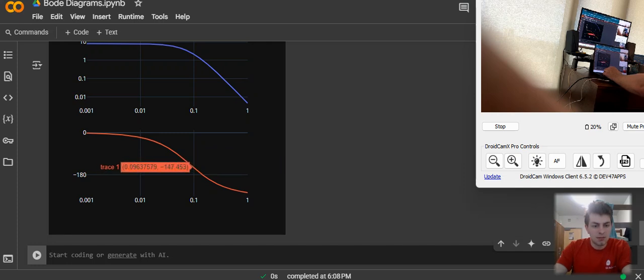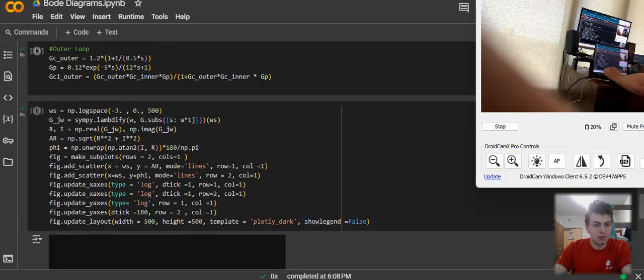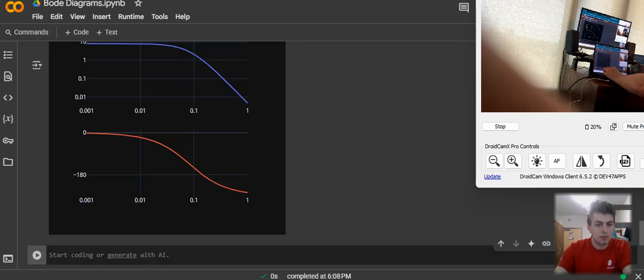Again, this should be the same, right? We're not changing any of these calculations. 0.1 still, 0.1 still at about 2. Negative 150. Right about 2.